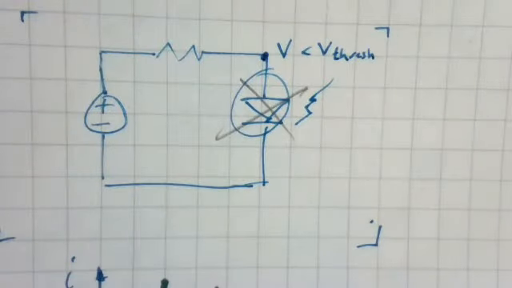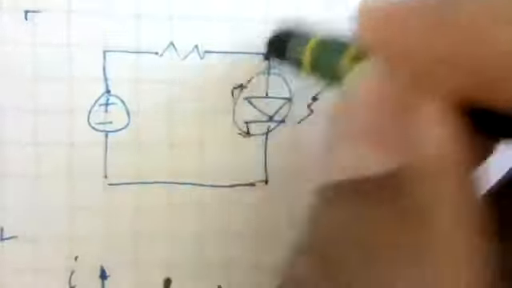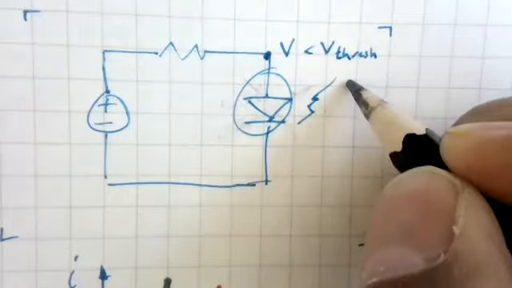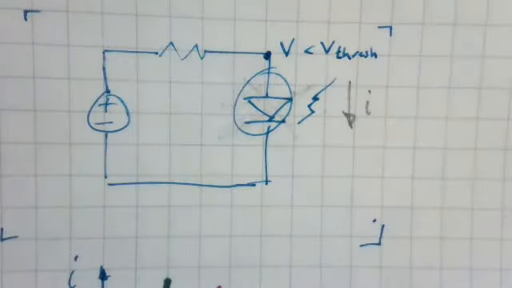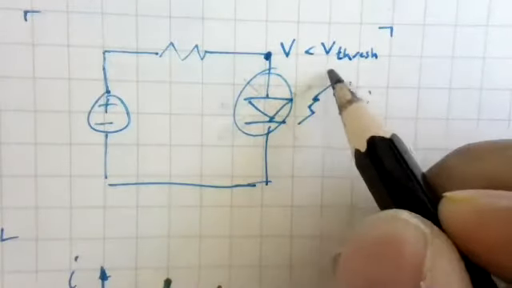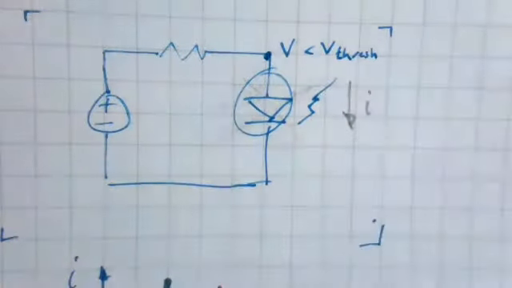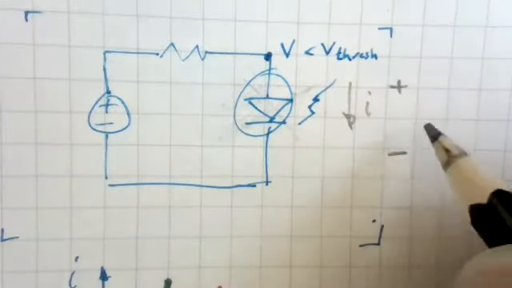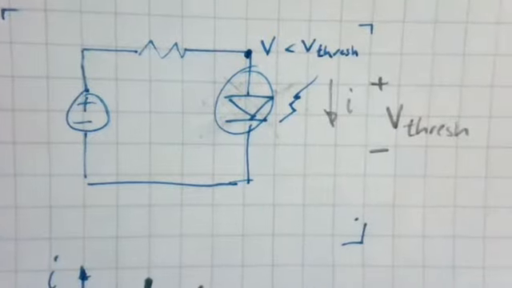No current is flowing, right? If V is greater than V thresh, then it appears that infinite current can flow. But there's always a voltage drop of that V thresh over this diode while current is flowing. So when current is flowing, there's this V thresh across this diode.